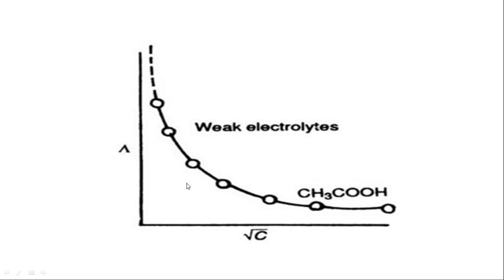But in the case of weak electrolytes, when you plot molar conductance against square root of concentration, you don't get a straight line as you get for strong electrolytes, but you get a curve like this, somewhat an exponential curve.